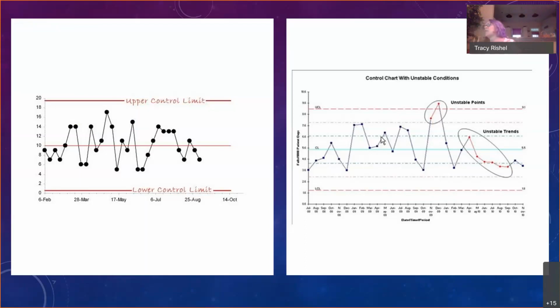When we're out of control, there is an assignable cause. Maybe the machine filling our boxes went out of calibration and we have to go back and reset it so it's calibrated. When we look at the chart again on the left, that is showing us random or common variation. So that's what we would see when we see random or common variation.